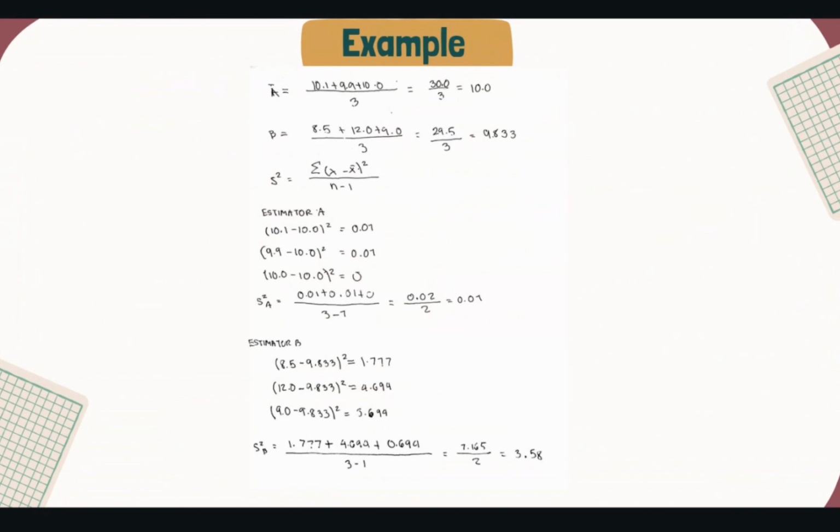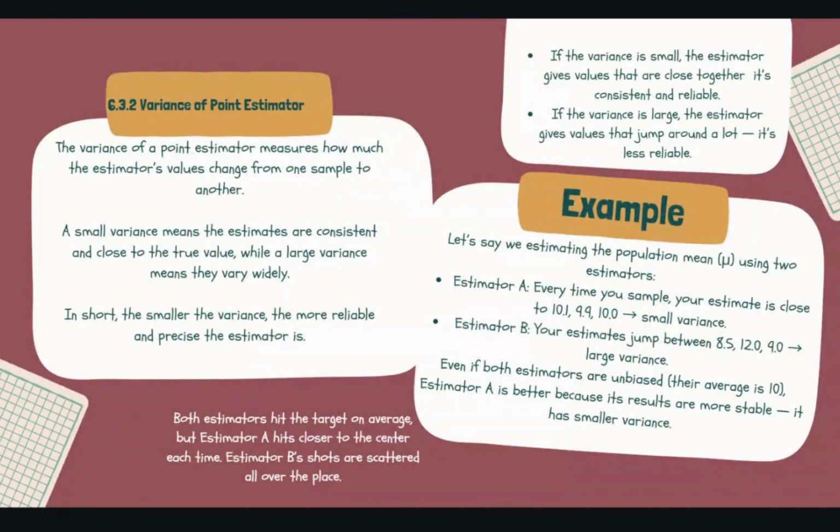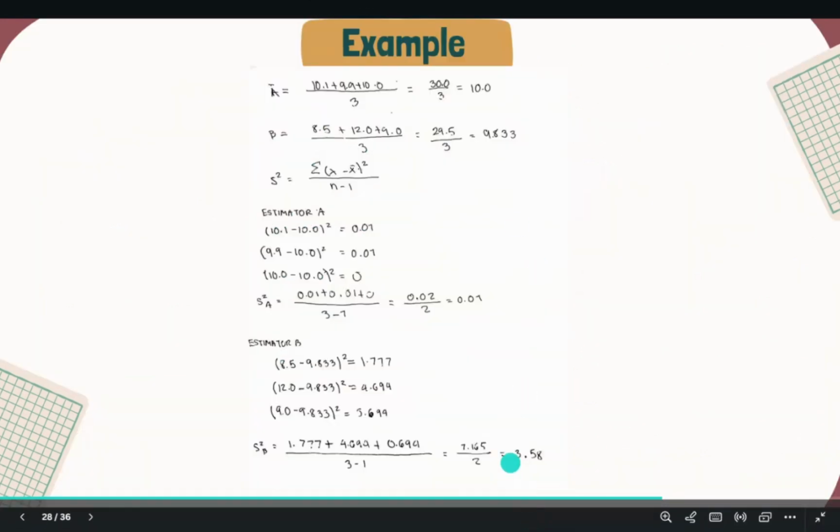For estimator B, 8.5 minus 9.83. Just repeat the process also, then plug into our formula, and we will get 3.58. That is our variance. Both estimators hit the target on average, but estimator A hits closer to the center, as I said earlier. The variance of estimator A, which is 0.01, is smaller than that of estimator B, which is 3.58.